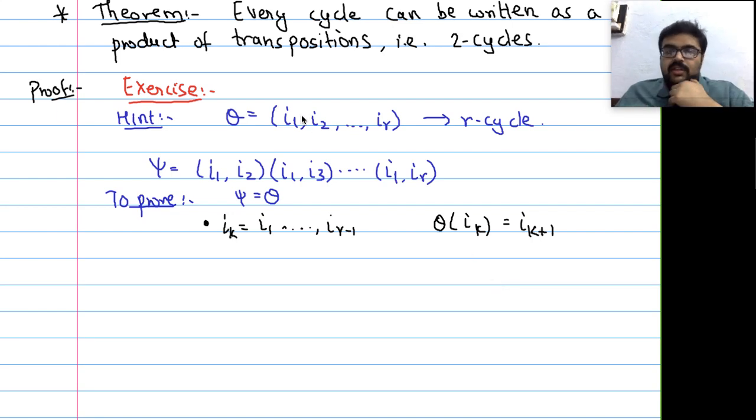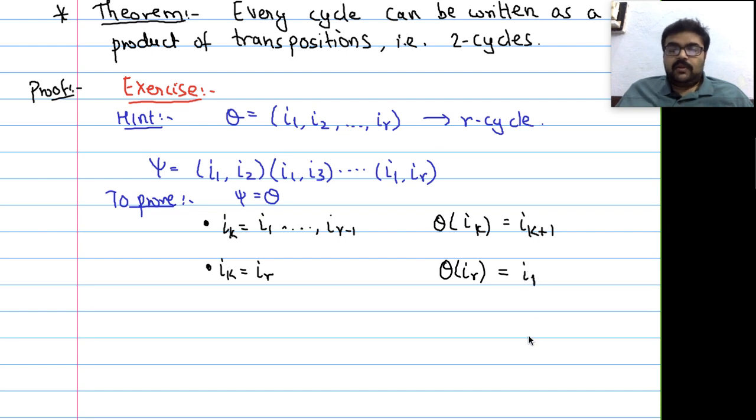The image of i1 under theta is i2, i2 goes to i3, up to i(r-1) goes to ir. Then another case is ik equals ir, so k equals r. What is theta of ir? In this case it is not i(k+1), there is no i(r+1). So in this case, ir goes to i1.